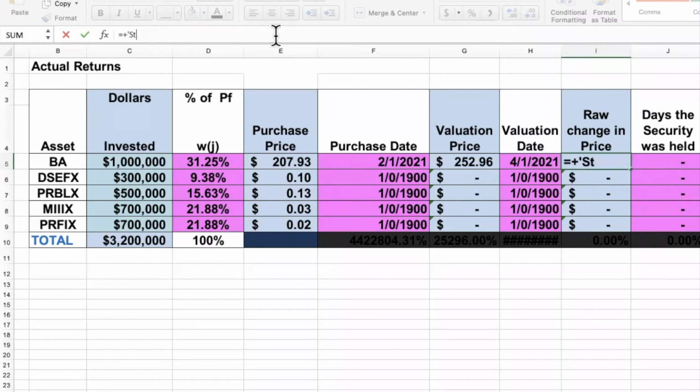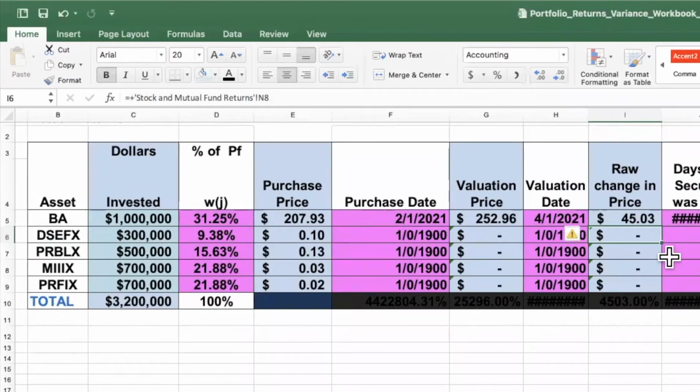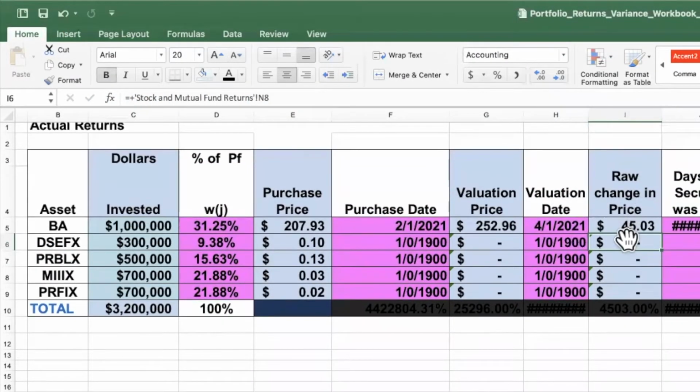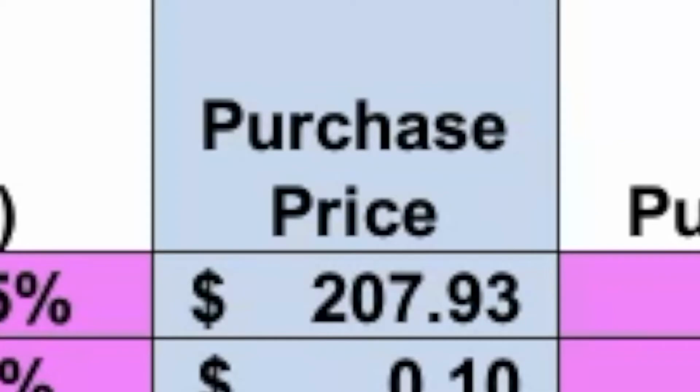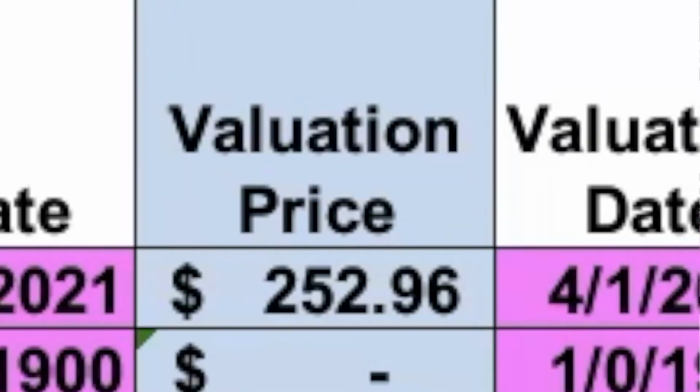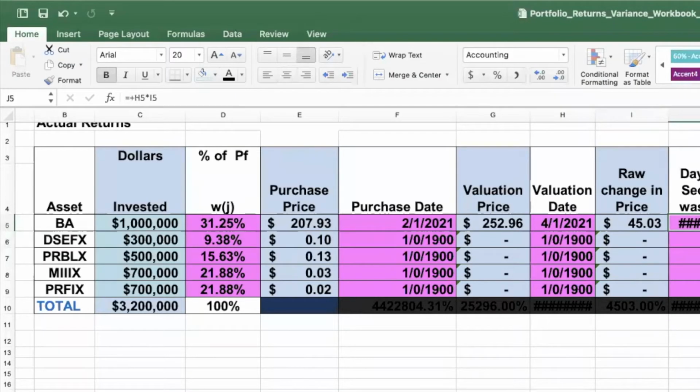So the formula is going to be G5 minus E5. That's the difference between $207.93 and $252.96. Now the next thing we need to do is figure out how many days we held these securities.